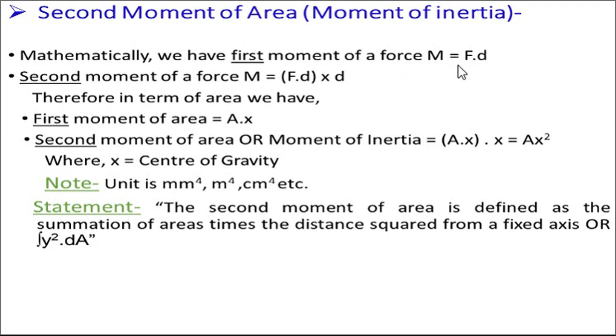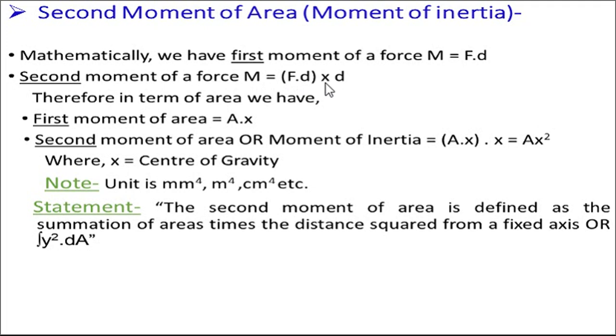That formula is already known: capital M is the moment about any point, determined by force, and small d is the perpendicular distance. If you want to find the second moment of force, again you have to multiply by distance. So F into d into again d. This is the first moment of force, Fd, and this is the second moment of force, Fd into again multiplied by perpendicular distance.